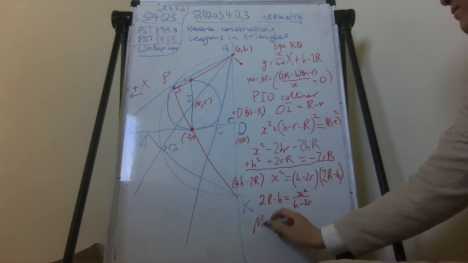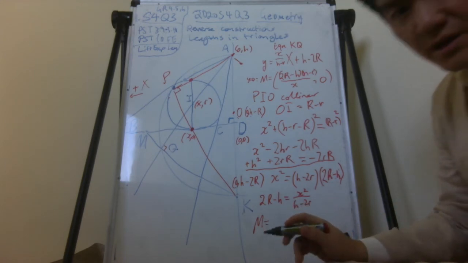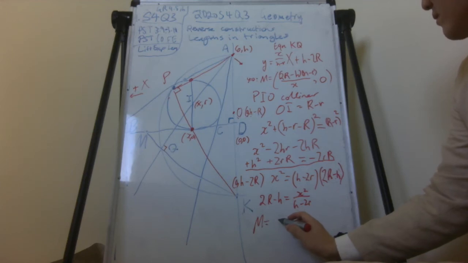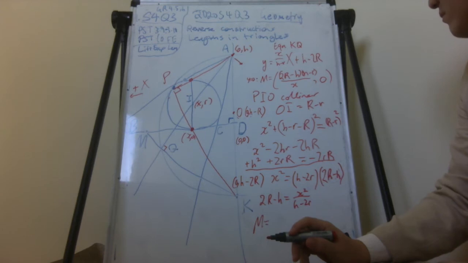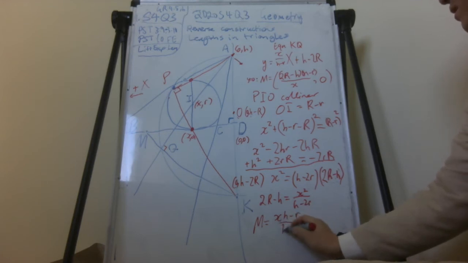And so then m equals, this is all in red. Is red even visible? You have m. M is x, h minus r, h minus 2r.